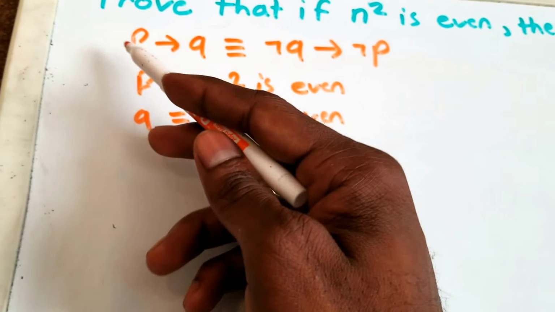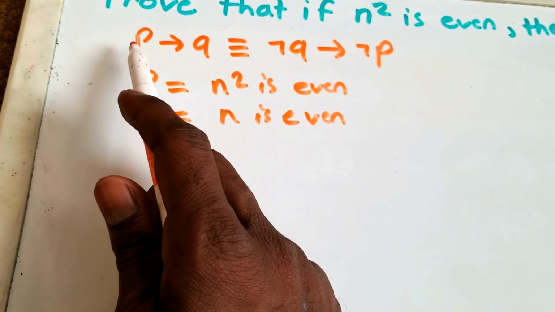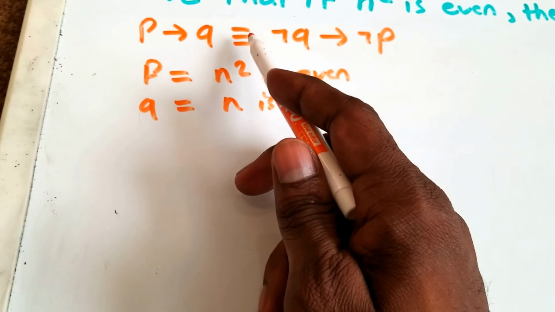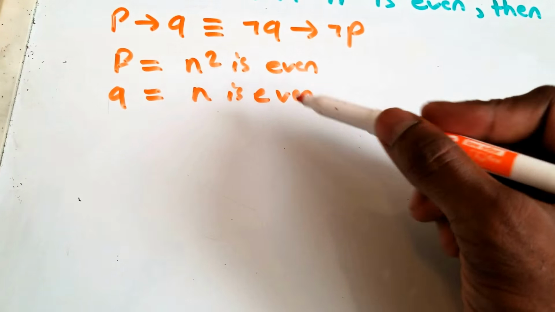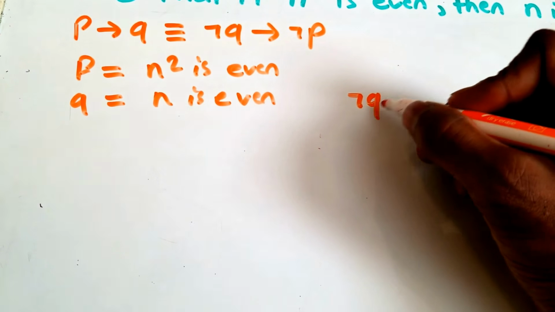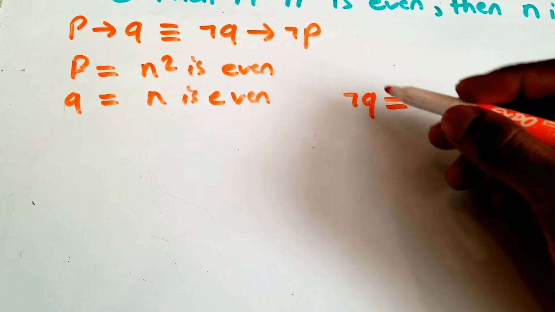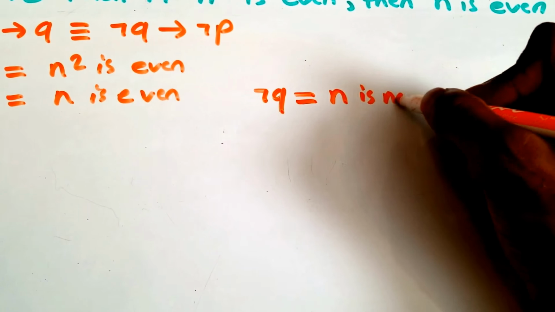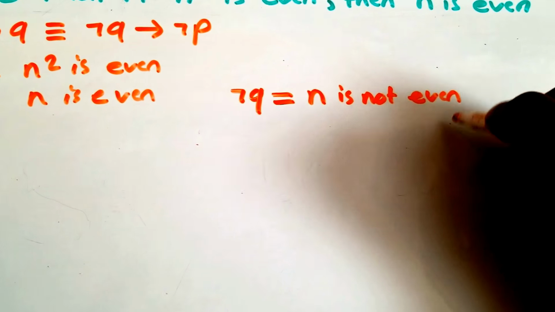So let's figure out what not Q is. Not Q is saying that n is not even.